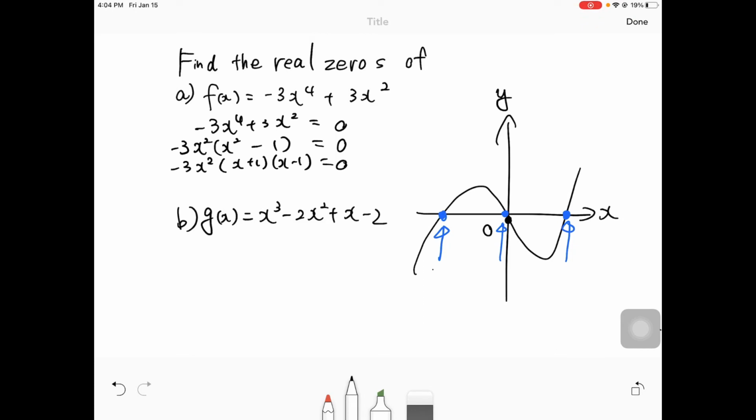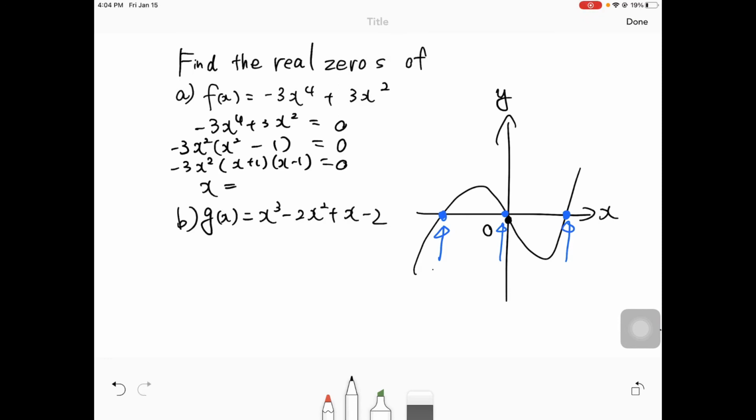You know the difference between the first equation and the third equation? The third one is something multiplied by something multiplied by something. So if any of them is 0, the left side is going to be 0 because 0 multiplied by something is always 0.